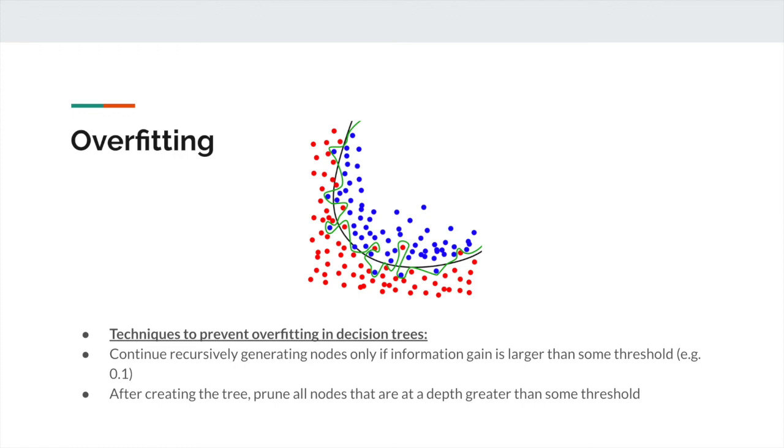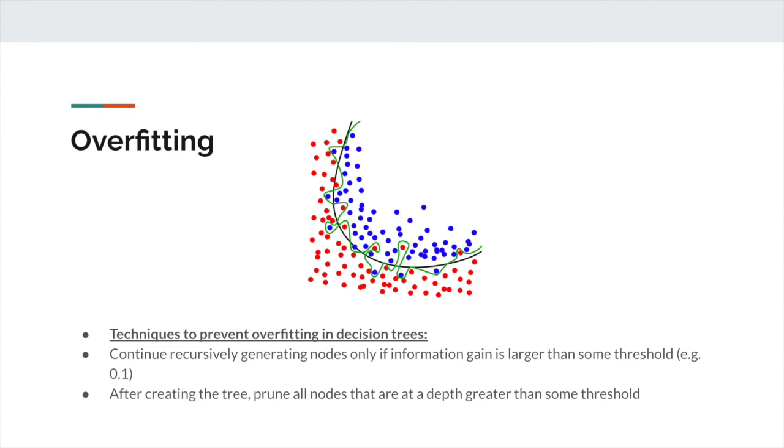Another thing you can do to prevent overfitting is to prune all the nodes that are greater than a certain depth, right? So if you recall, in the previous examples, we had a depth of 1, right? But you can imagine that each of those child nodes acts as a parent node, and each of those child nodes has more child nodes, and so you could keep going down and down levels into lower and lower depths, or higher and higher depths.